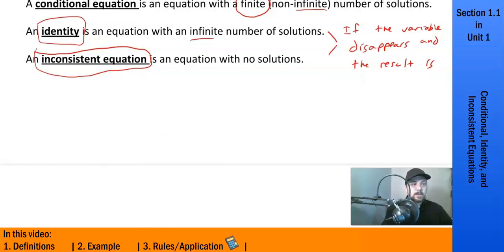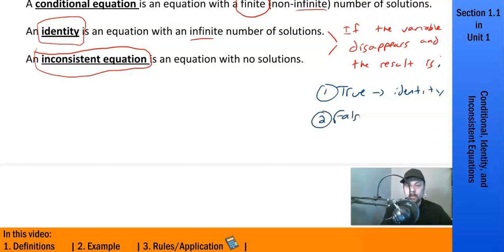If the result is true, it's an identity, and there's infinitely many solutions. If the result is false, it's inconsistent. All right, so that's probably the simplest way I can think of breaking it down so that you just sort of have a rule to follow.